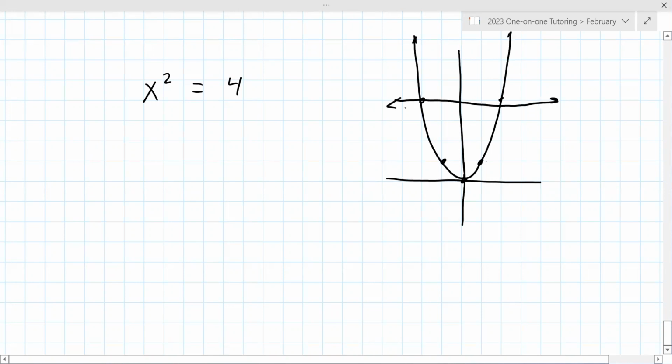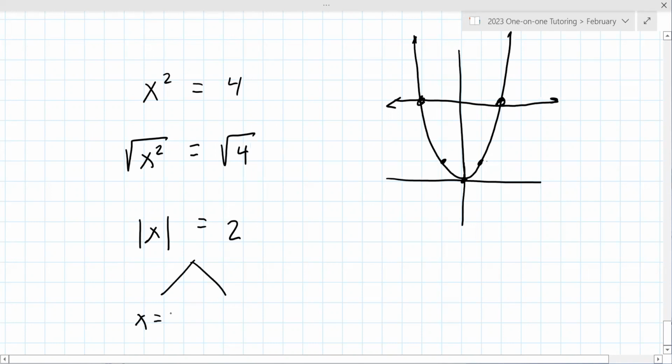There are two solutions. Now the square root of x squared is actually the absolute value of x. The square root of 4 is 2, not plus or minus 2. But the absolute value of x becomes, remember the two cases? Case one, case two.